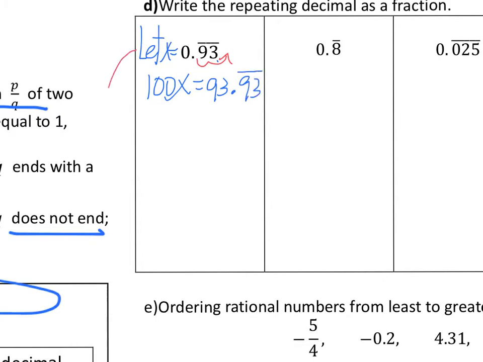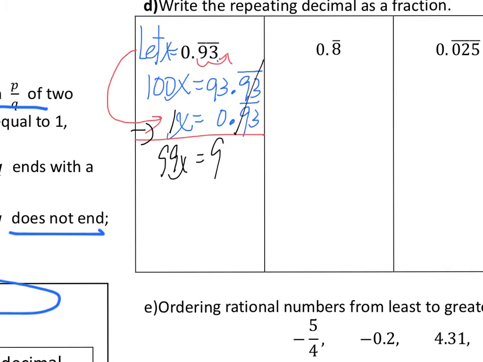And then I'm going to take this down here again. x equals 0.93 repeating, so my repeating digits line up. And then I'm going to do some subtraction. 100x minus 1x is 99x. And 93.93 repeating, subtract 0.93 repeating is 93.